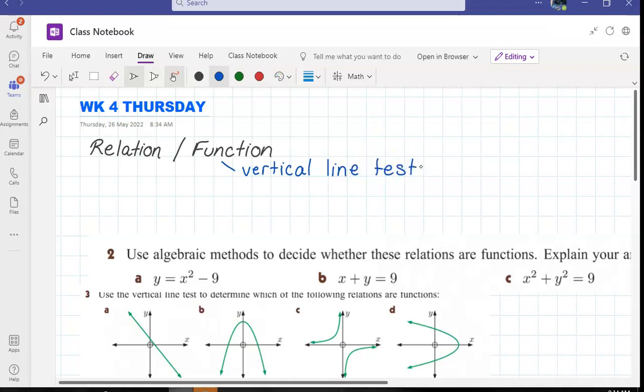So an x value. You don't have to write this next line if you don't want to. An x value only has one y value.